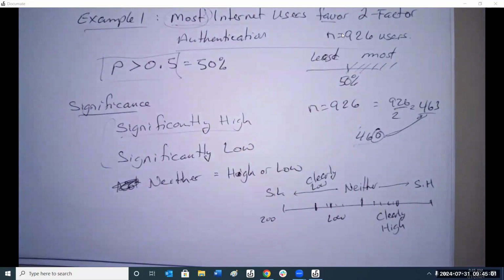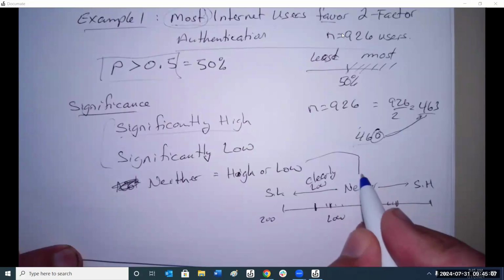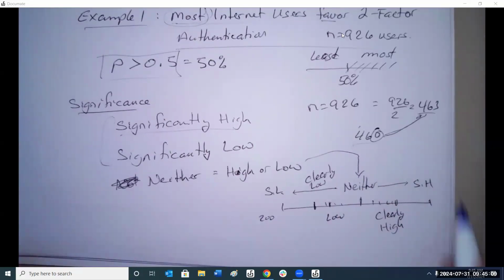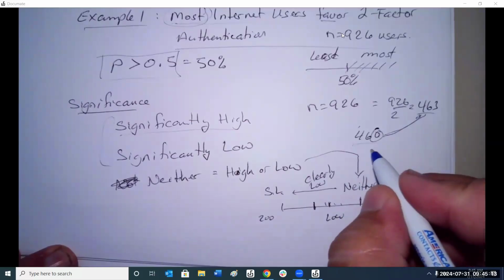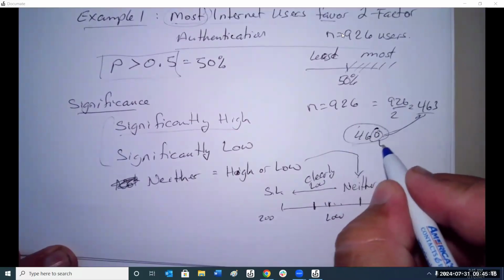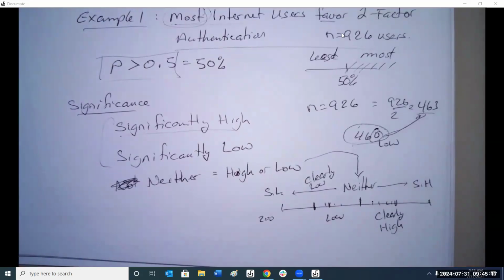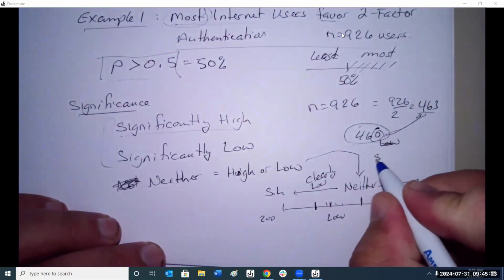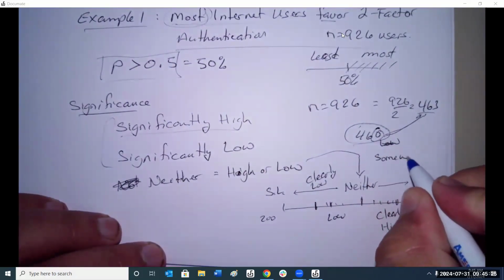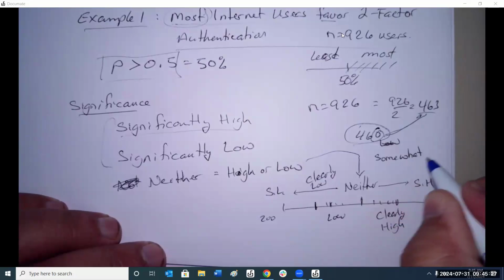So in this case now, do we say it's neither low nor high? Neither low nor high is right here in the middle. But since it's below the half, we know it's low. We say that this one is low, but in this one, I would say it's somewhat low.